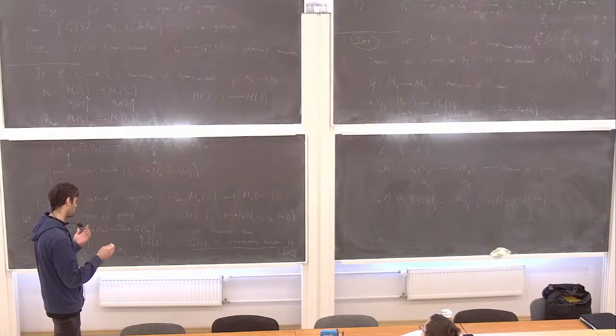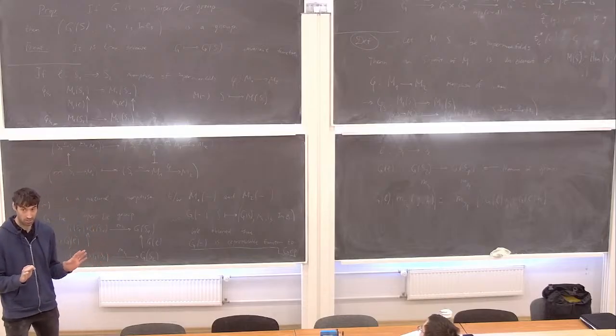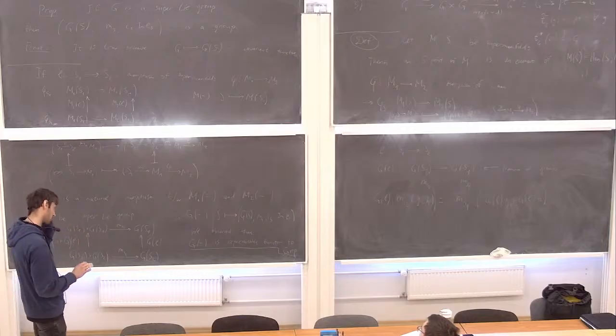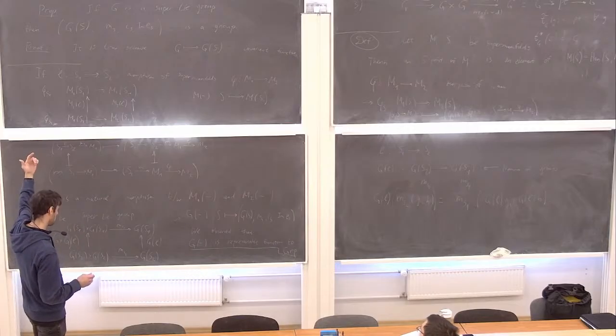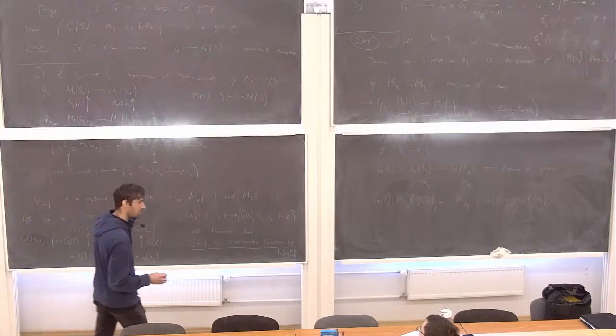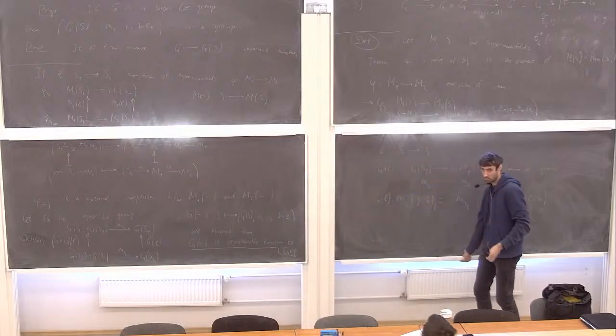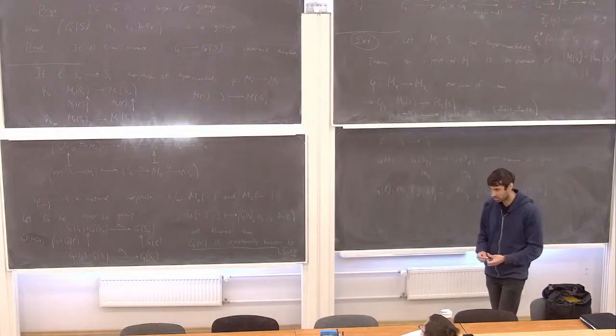So we don't see equivalence of these definitions yet, right? Because we know that if I have super Lie group, then I have representable functor. So let's see that we actually can go the other way.